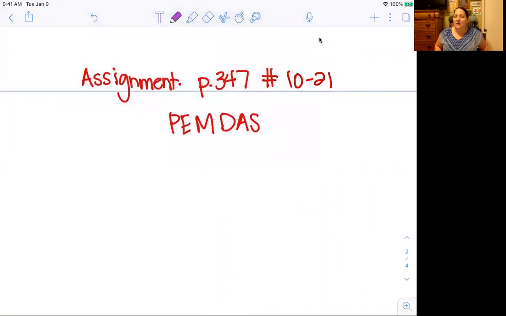We look for parentheses. If there's no parentheses, we move on. Do we have exponents? If we don't, then we move on. Then we do multiplying and dividing in the order they appear. If dividing comes first from left to right, we do dividing first. If multiplying comes first, we do multiplying. Then the very last step is to do the addition and subtraction in the order they appear.